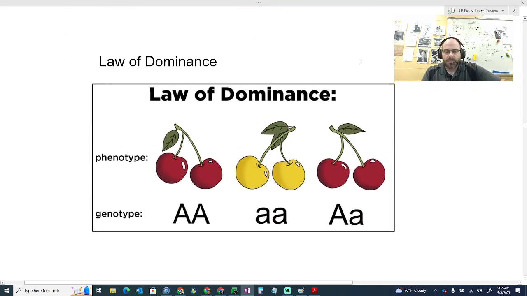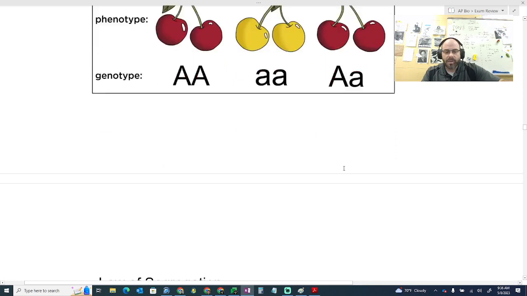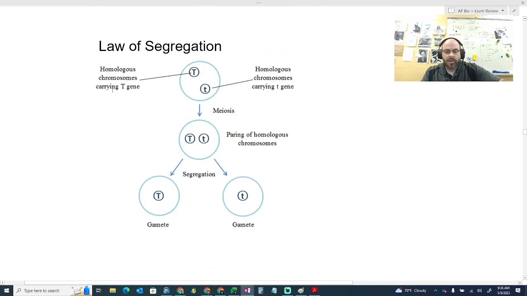Law of dominance. We talked about this already. Dominant always expresses itself. If you look at this picture, which one's dominant? Red. It's dominant. Why isn't it half red and half yellow? Because dominant always fully expresses itself, unless there are some differences, which we'll talk about. But recessive only expresses itself when dominant is not there. And we talked about the law of segregation already.